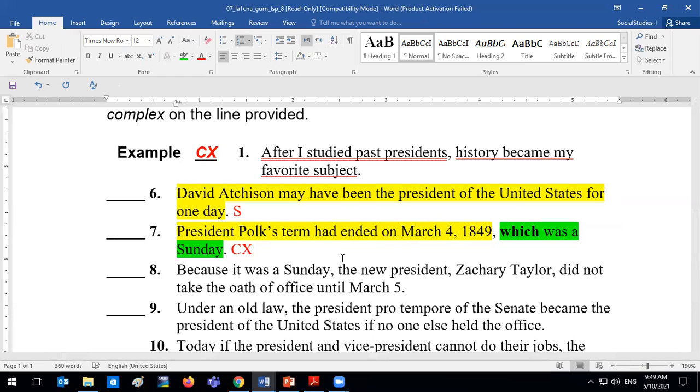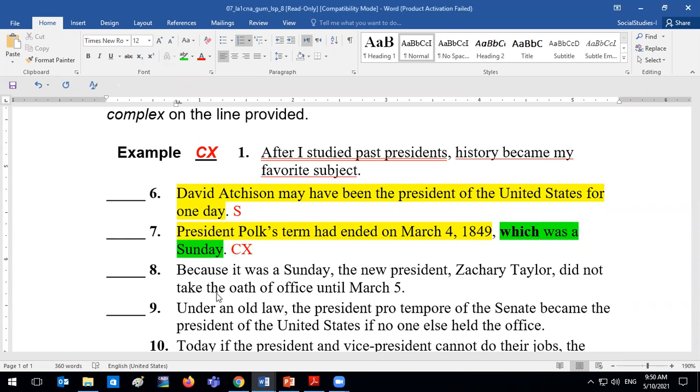Perfect. All right, Zena, please, can you answer number eight for us? Because it was a Sunday, the new president, Zachary Taylor, did not take the oath of office until March 5.